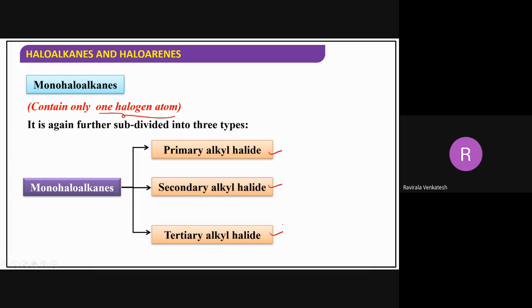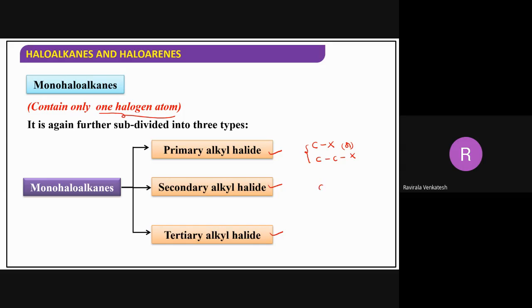What does primary mean? The halogen-bonded carbon is bonded to only one carbon, like this. This is a halogen-bonded carbon bonded to no carbon, R. Halogen-bonded carbon bonded to one carbon, these two come under primary.